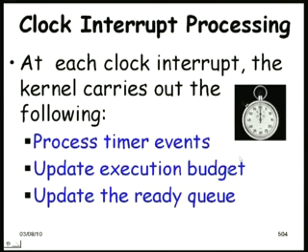These are the three things. It processes the timer events for each timer, checking whether it has expired and then queueing the corresponding action. It updates the execution budget of the currently executing task and then updates the ready queue.